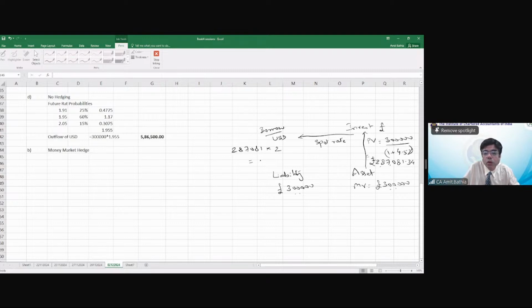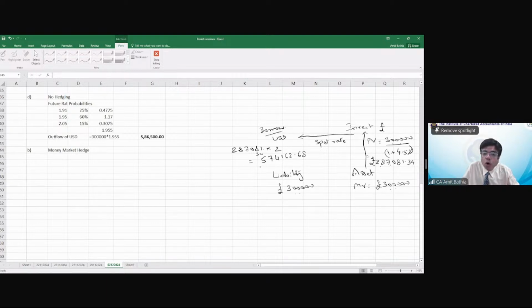So what will that amount be? 574,162.68, please don't forget the 34 cents that were there. This is the USD which I will borrow, right?